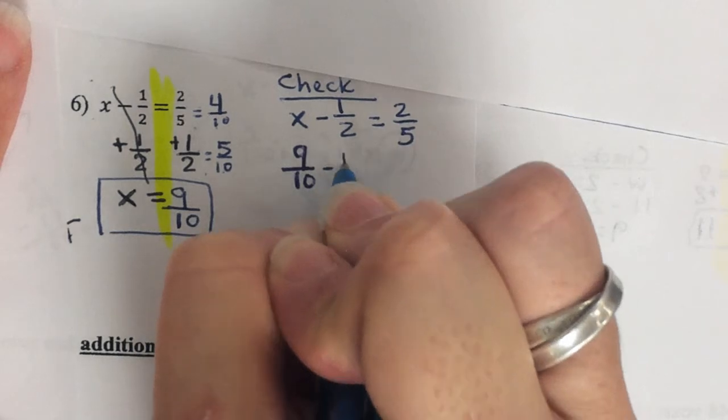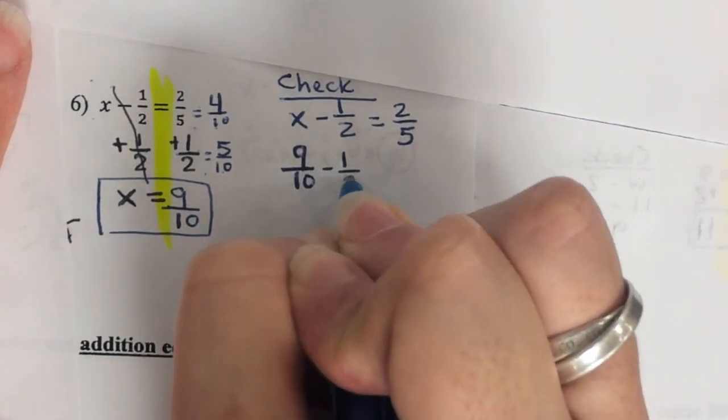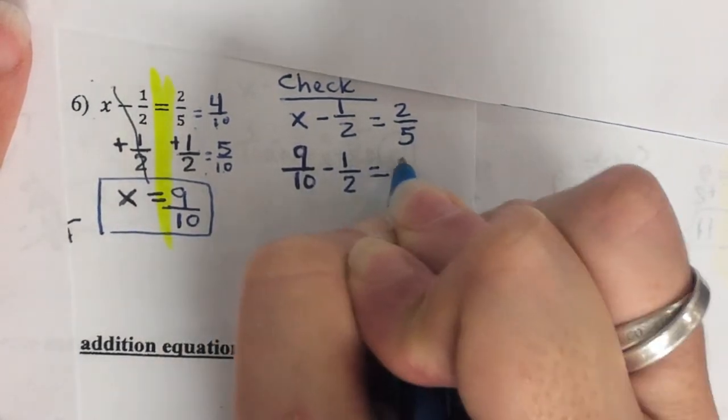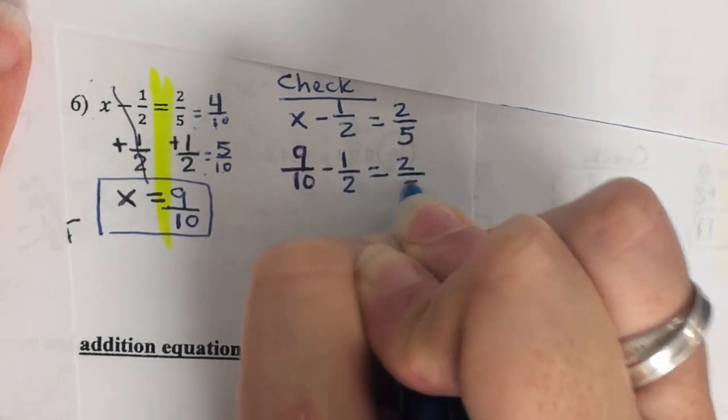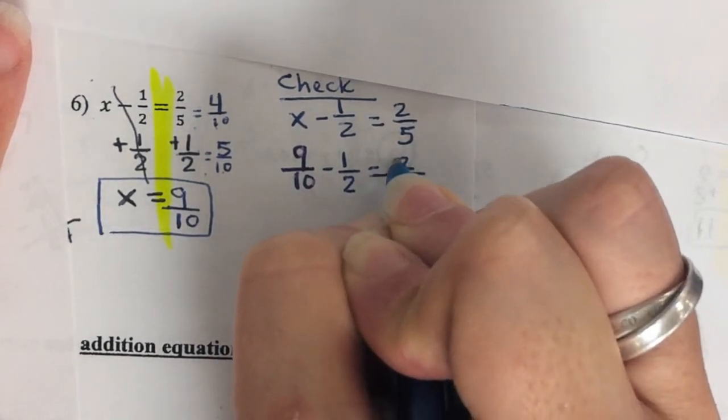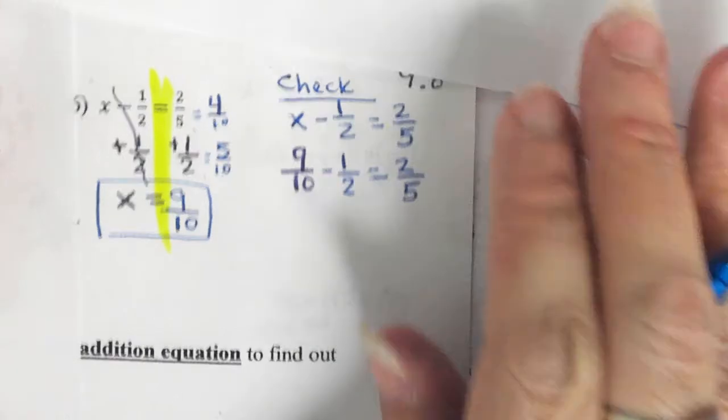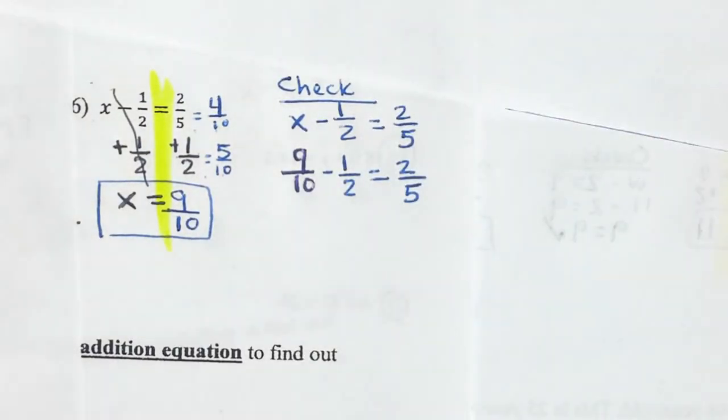Now, this is the weird part right here to me, because I always stack my fractions when I add and subtract up and down. But honestly, that's the way it should be written, because you want to keep it looking the same way it was when the teacher gave it to you. So what I'm going to do is go to the edge of my paper and do the math.